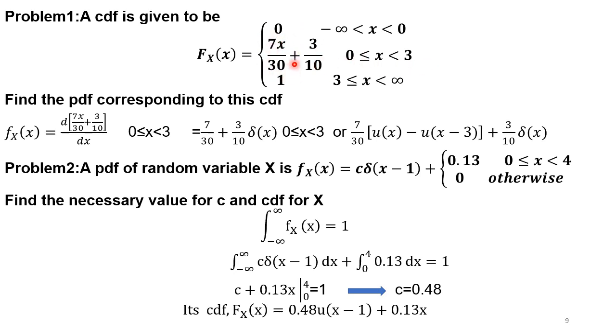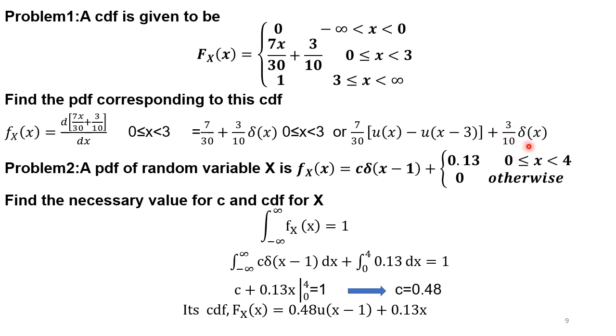When we differentiate it with respect to x, we get this as 7 by 30, and this is 3 by 10 delta of x, which is an impulse. Or you can write it in terms of step function. It is u of x minus u of x minus b multiplied by 7 by 30 plus 3 by 10 delta of x.